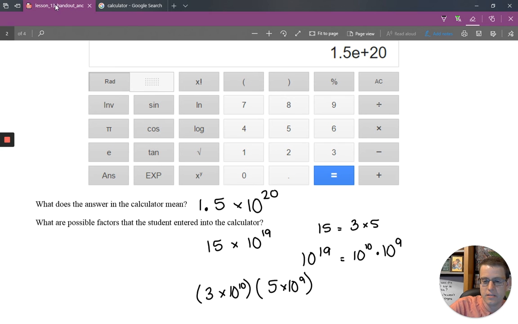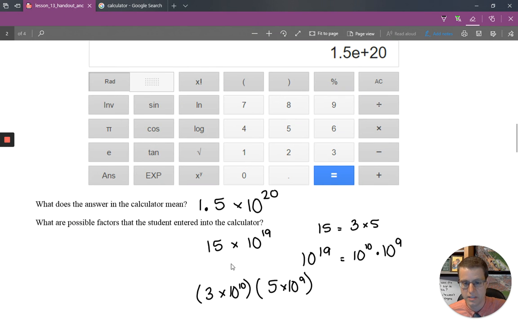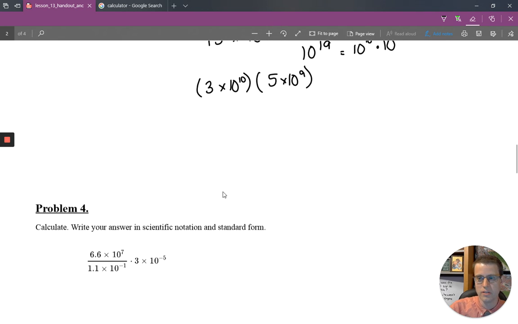Look at that. It's the same thing, 1.5e plus 20. We took 3 times 10 to the 10th times 5 times 10 to the 9th, and we got that, which is equivalent to this, which is equivalent to that. There you go. Let's keep going.